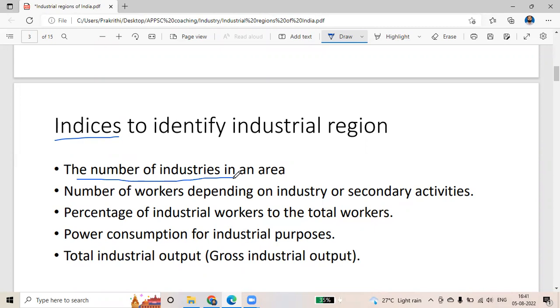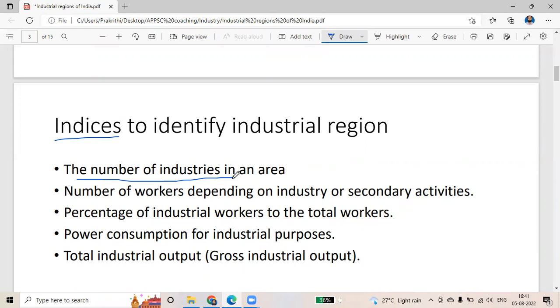If I say industrial region, don't think that it is just an industrial area. An industrial region may consist of more than 5,000, 6,000 companies, extending many kilometers, 20, 30, 40 kilometers of area, consisting of many industries.